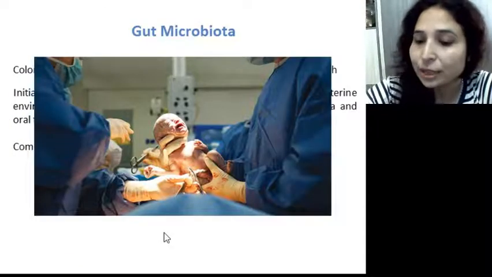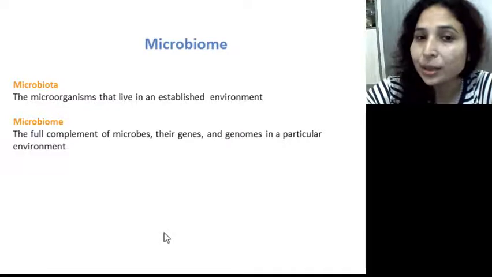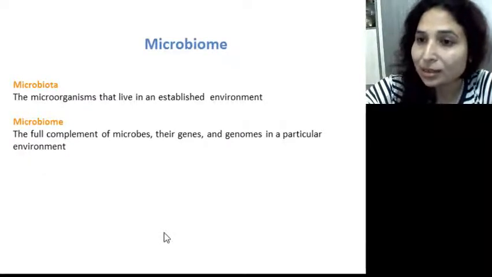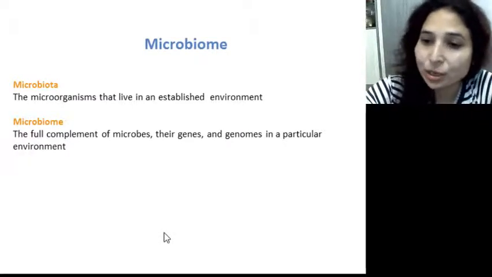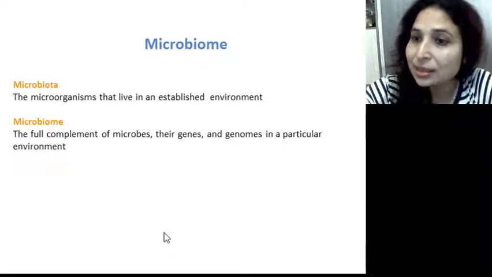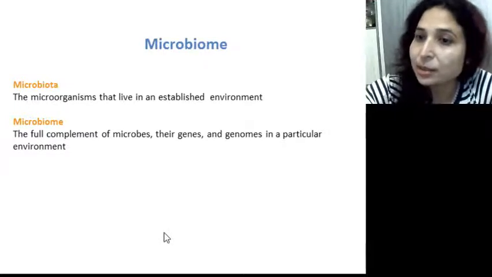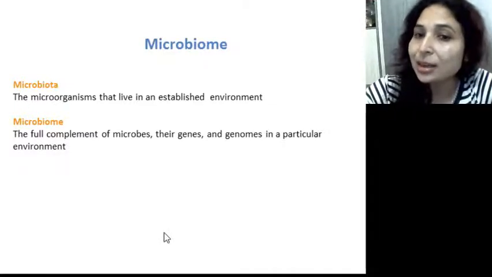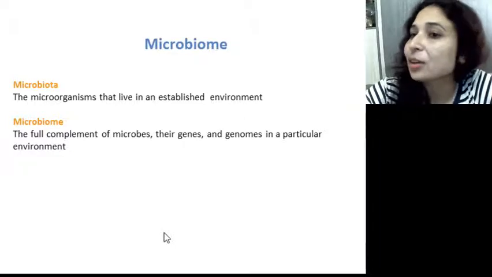Just to define the terms microbiome and microbiota, since some people may get confused: microbiota is the sum total of all the organisms that are present in a specific environment, and microbiome takes into account not only the microbes but the genes and also the genomes of these in a particular environment.